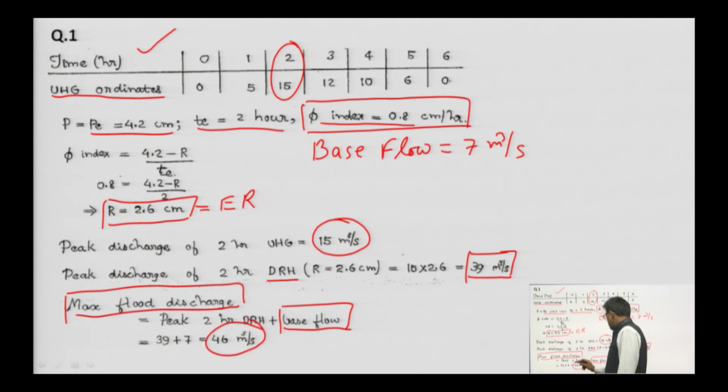By doing that we get 46 cubic meter per second as the maximum discharge for this given storm in this particular catchment area, that is represented by this unit hydrograph, right.